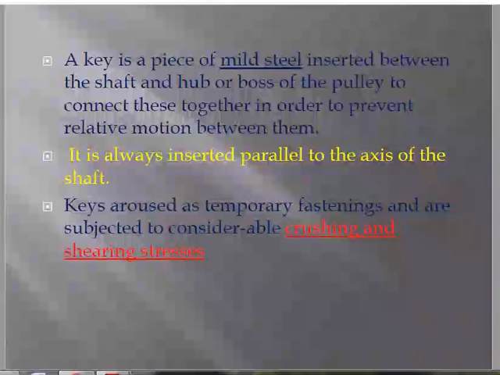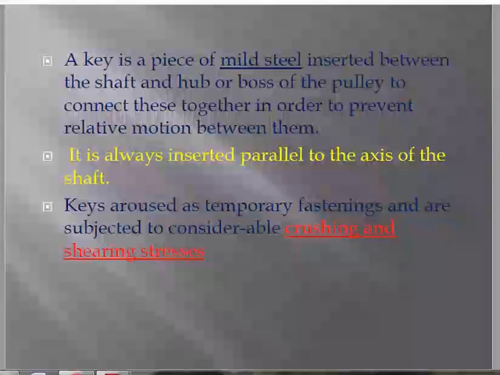For example, keys can be used to connect shaft and gear and even shaft and pulleys. So therefore keys are subjected to shearing and torsional stresses. It is driven parallel to the axis of the shaft.